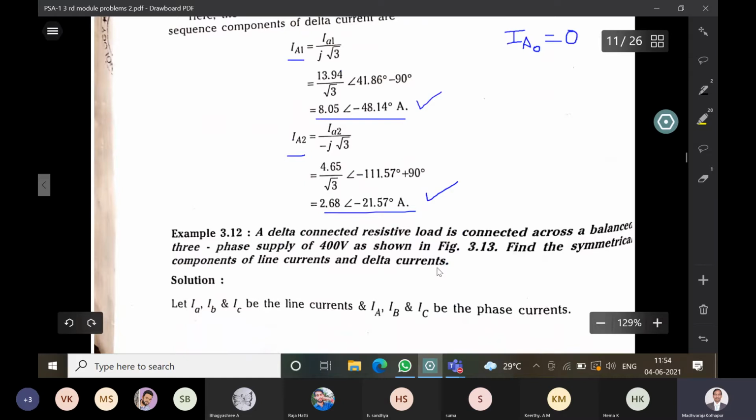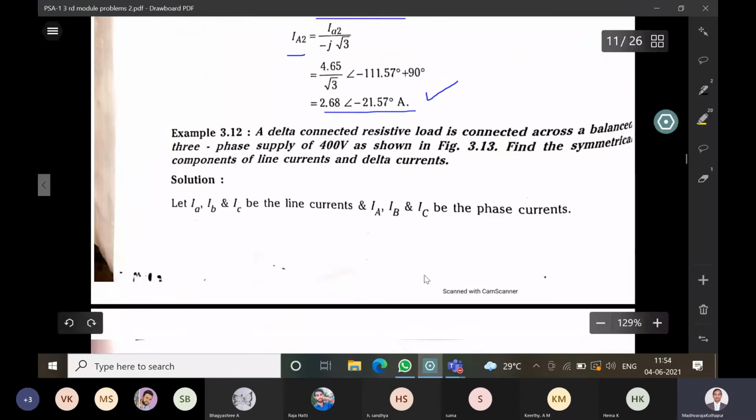Okay. IA2? IA2 value is correct. Yes, sir. Okay. So all of you take the next problem.